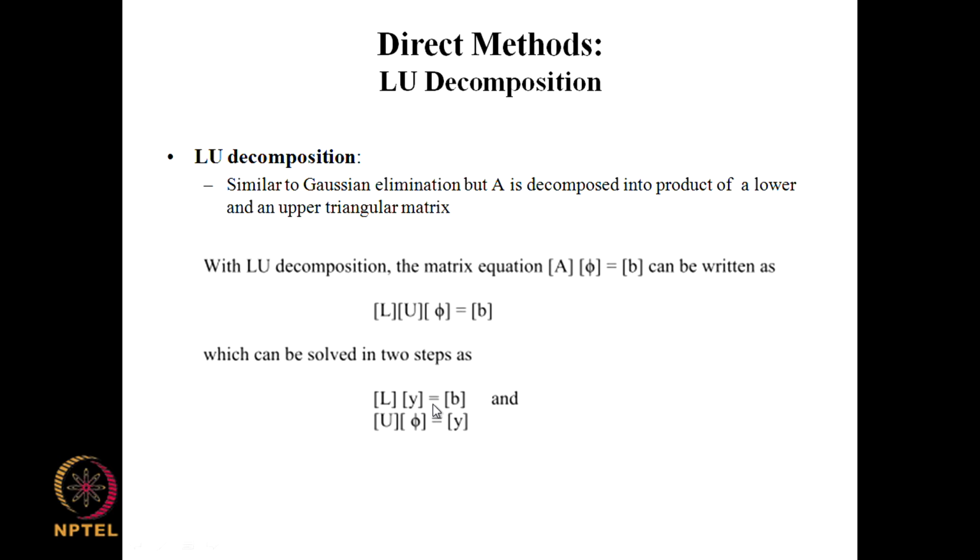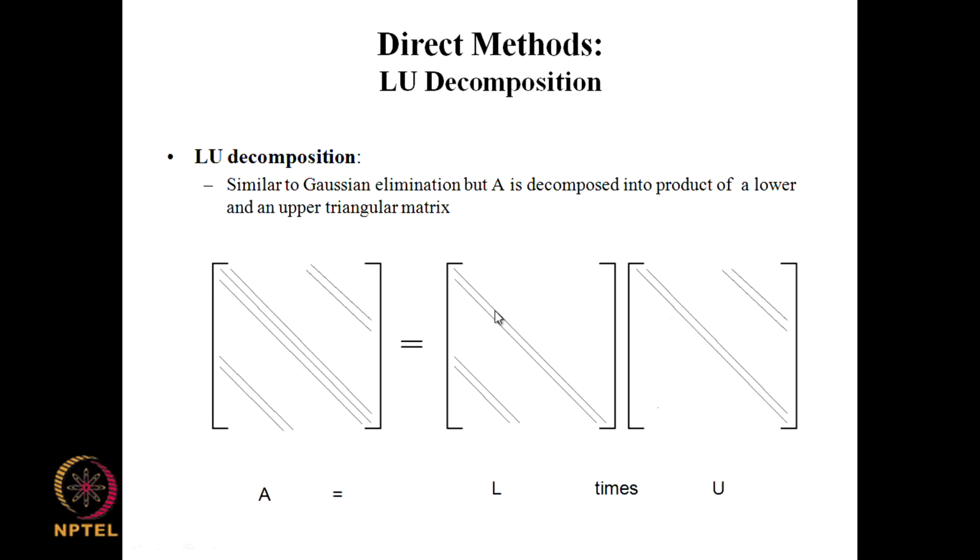And the advantage of this solution is that Ly equal to B is a forward substitution process. So, the first equation has only one variable, the second equation has two variables, out of which you have already got one, and then you can get this by substitution, and then you can come to the third equation which has again three values, and you can continue like that.